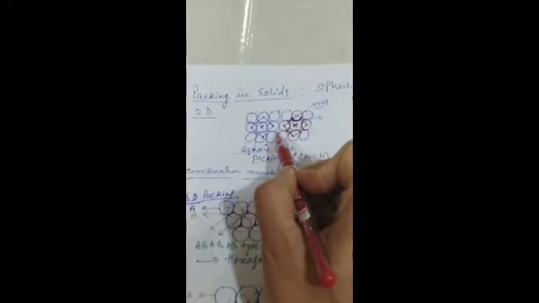Now you can very well see that the size of the voids in square close packing is much more than that of hexagonal close packing, or we can say hexagonal close packing is more efficient than square close packing. This is more tightly packed than square close packing. So when the solids go for three-dimensional packing, they reject square close packing in two dimensions itself, and they are likely to form layers on hexagonal close packing.